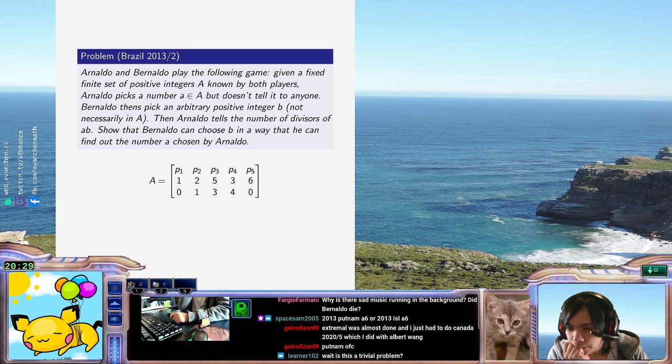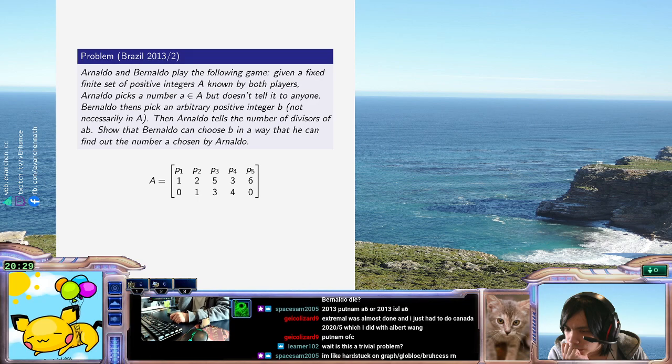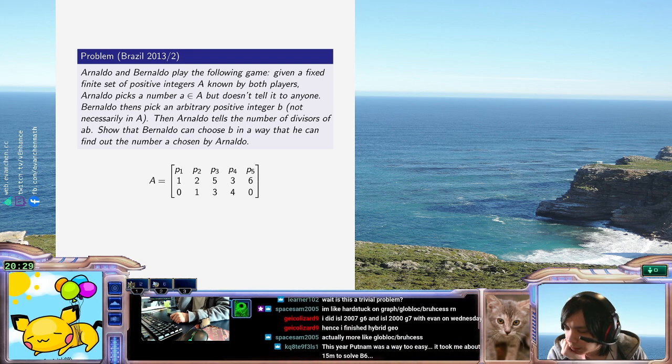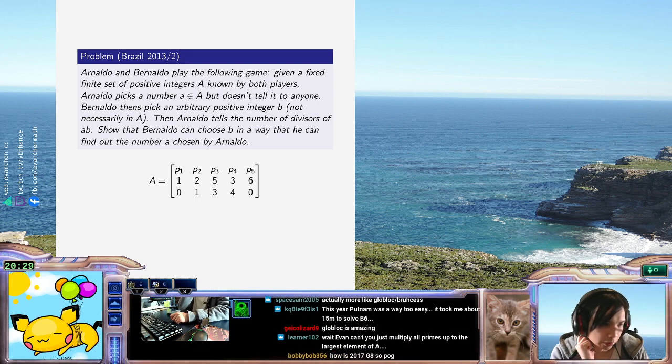I wonder if it's possible to just pick the factors of b to be enormous. It feels like that should leave enough room.